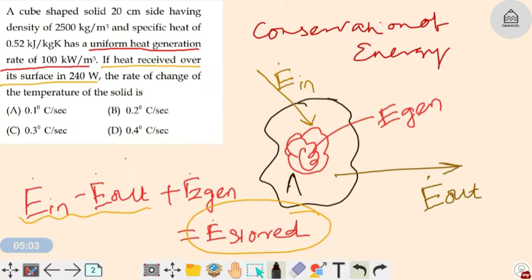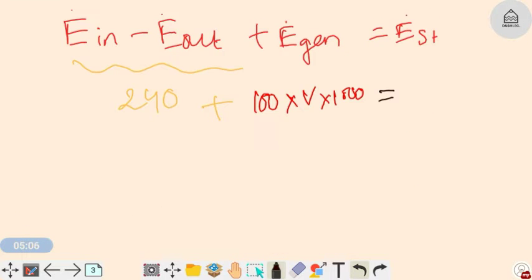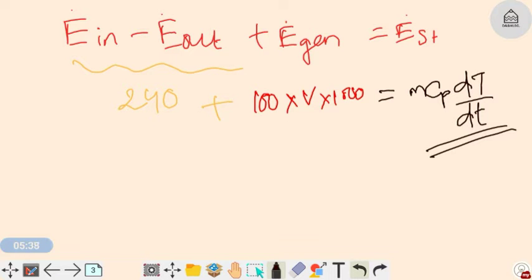What is the rate of energy stored? That will be m Cp dT by dt, because it is a constant mass system. Watt means energy per unit time, so m Cp dT divided by dt is in watt.